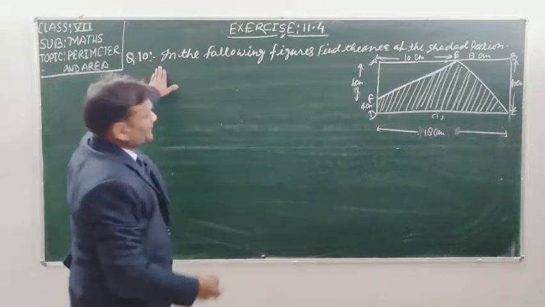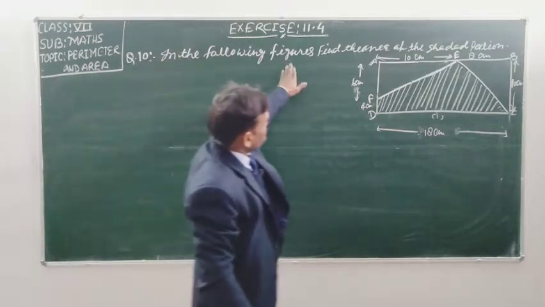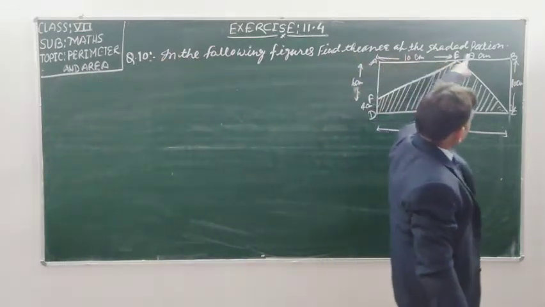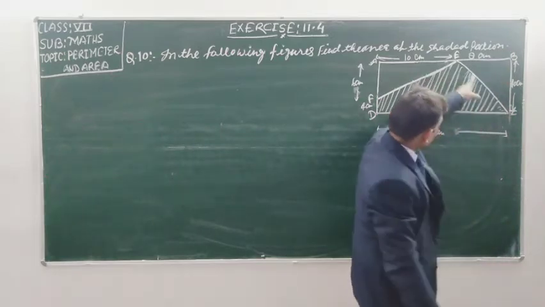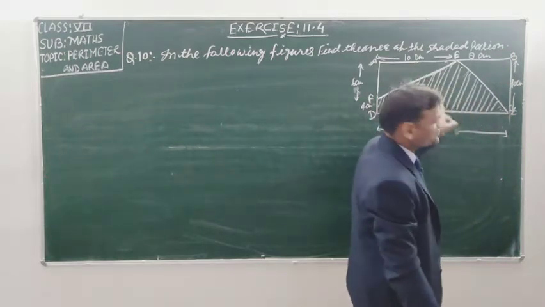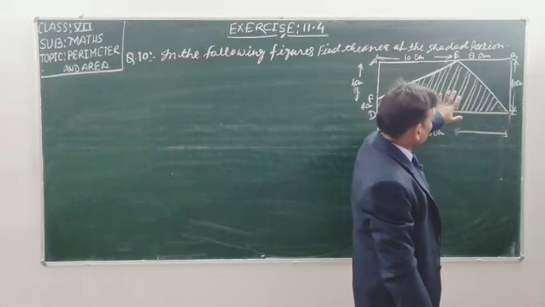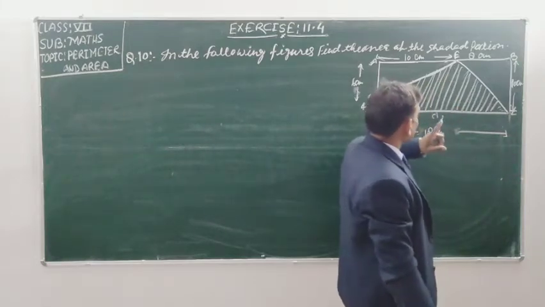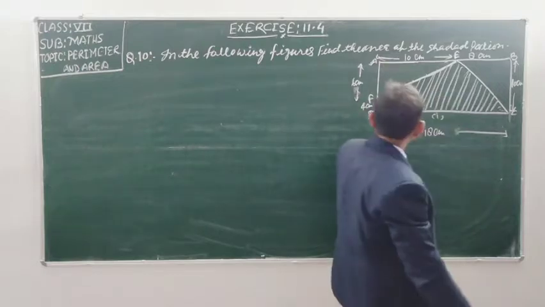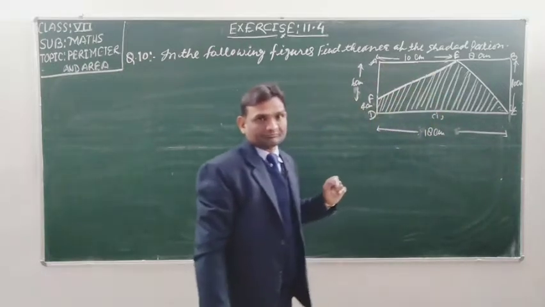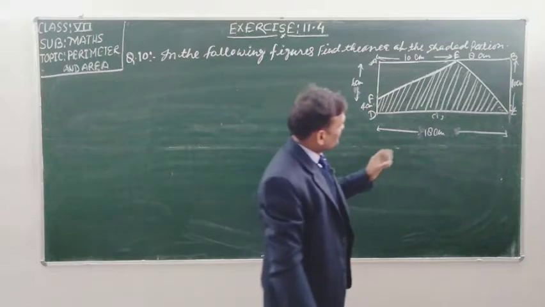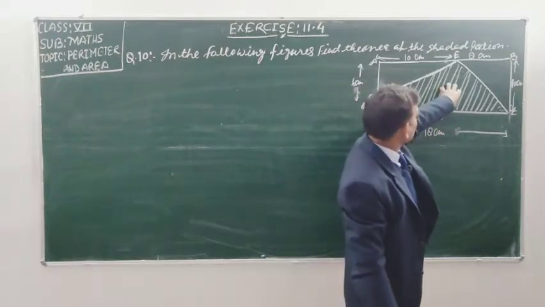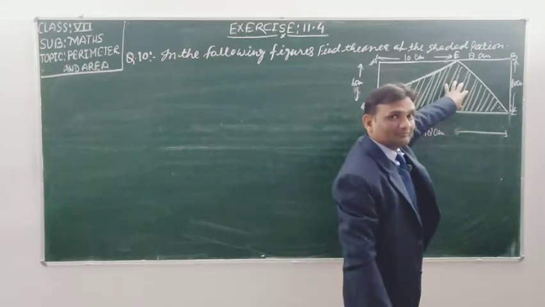So students, read the question. In the following figures, find the area of the shaded portion. Think first, how can we find the area of the shaded portion? ABCD is a rectangle, and this figure is created inside the rectangle.